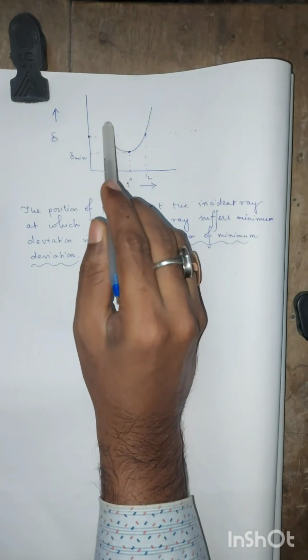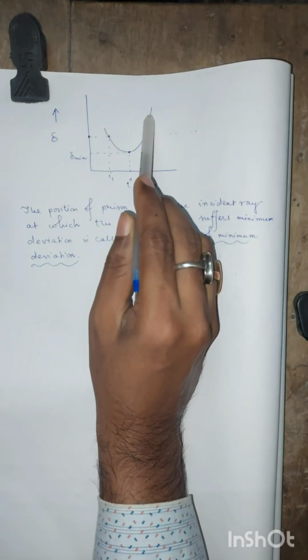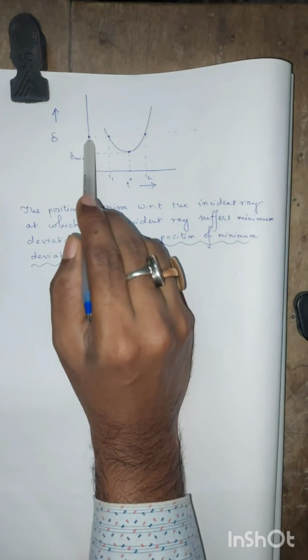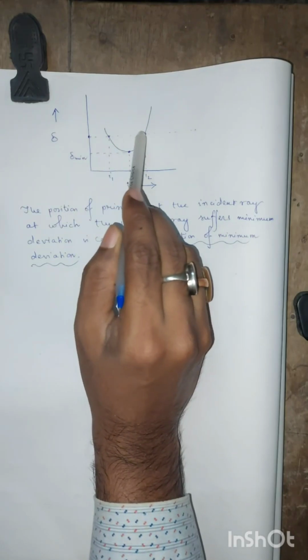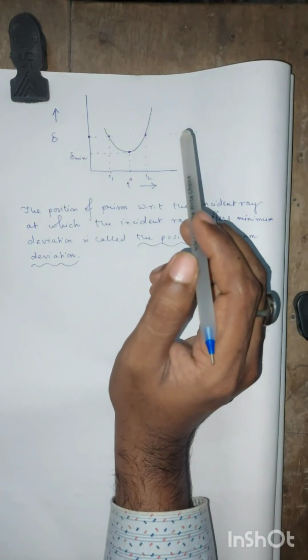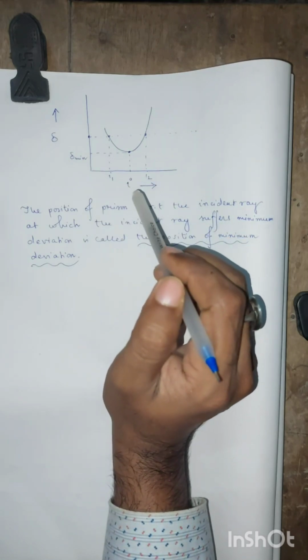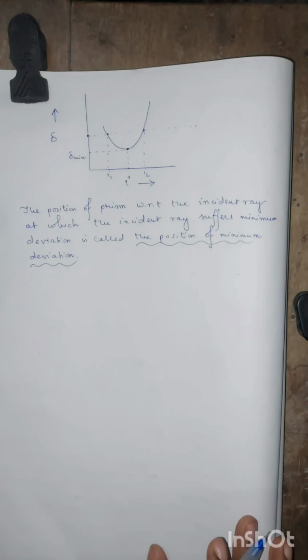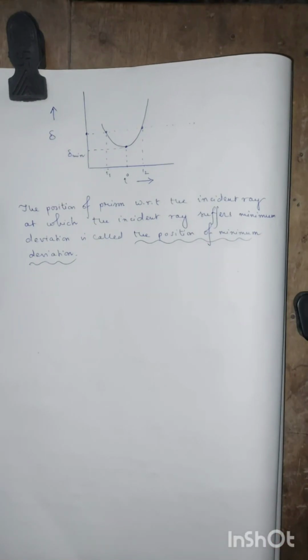At other points of this curve, for a specific value of delta, we will get two values of I, I1 and I2.